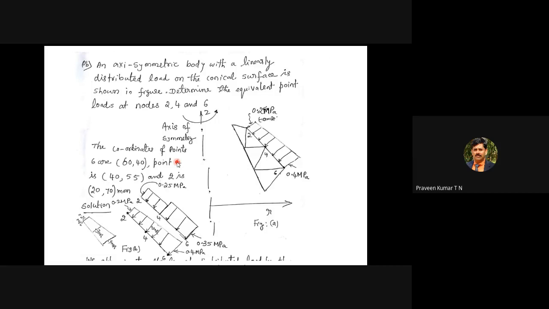Then you have to find the equivalent traction force component at node 4 as well as node 2. In the first phase, we had a varying load on edge 4-2, which we have converted into UDL. The UDL magnitude is 0.25 megapascal.